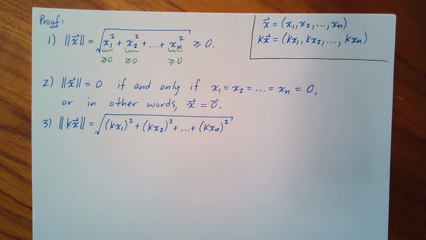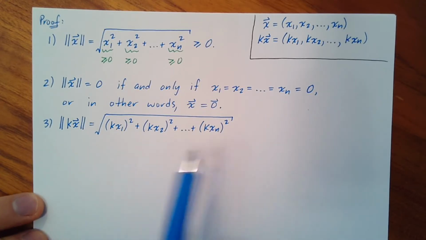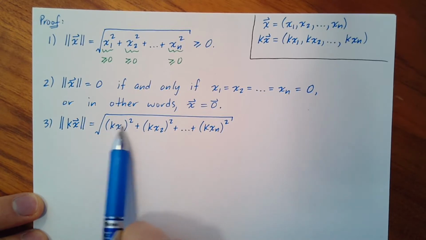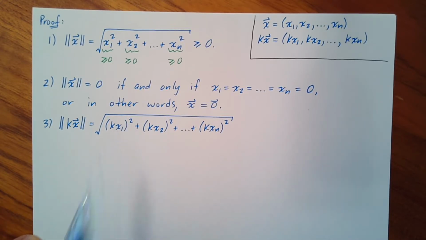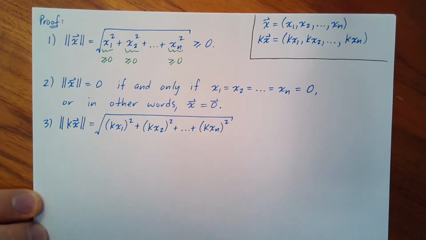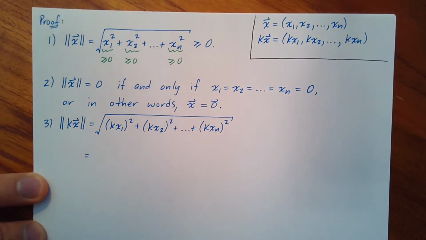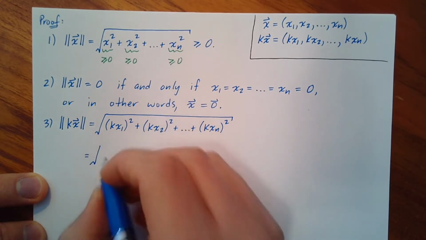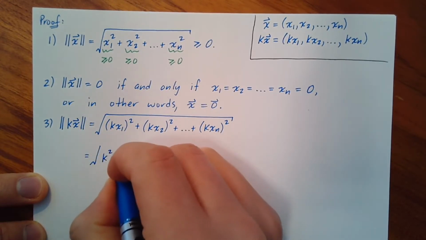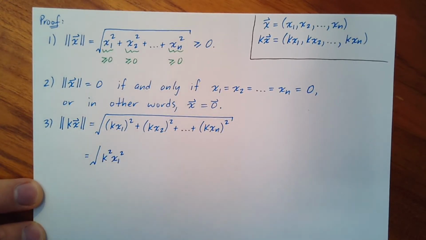But now we can apply properties of exponents to each of these terms, right? K times x1, these are just two numbers multiplied. So if I take the square of the product, I could just put the square on each of those two factors separately. And same for this term here and this term here, all of them. So what it'll look like if you do that is you get the square root. You'll have k squared times x1 squared. That's your first term, just written differently.